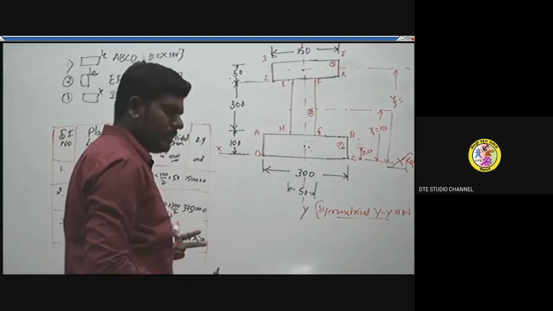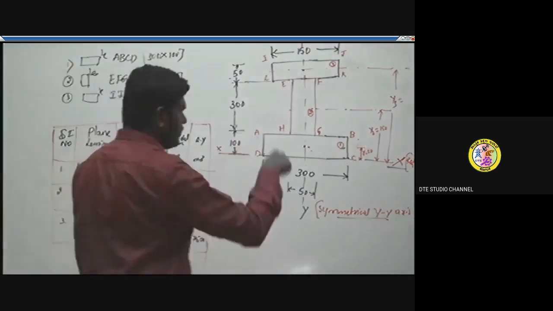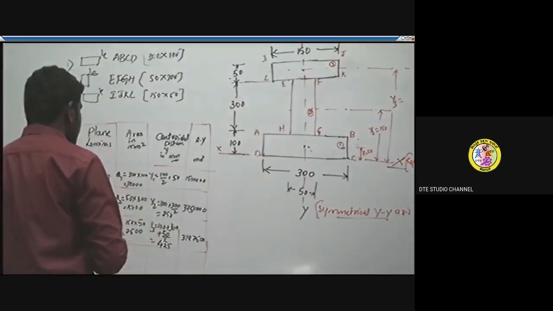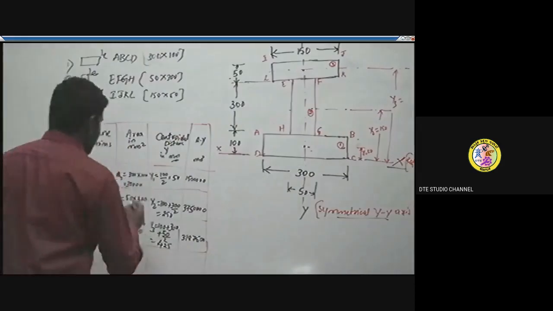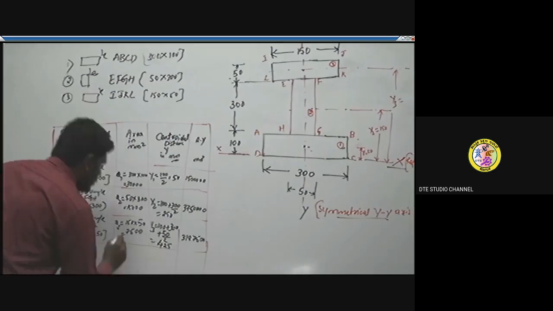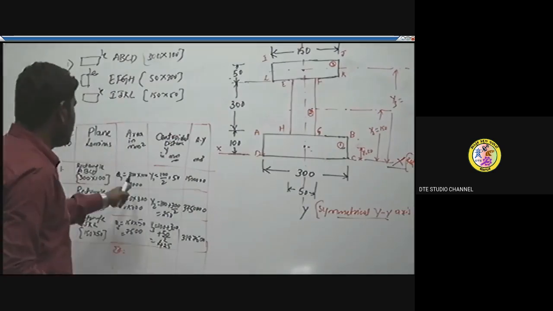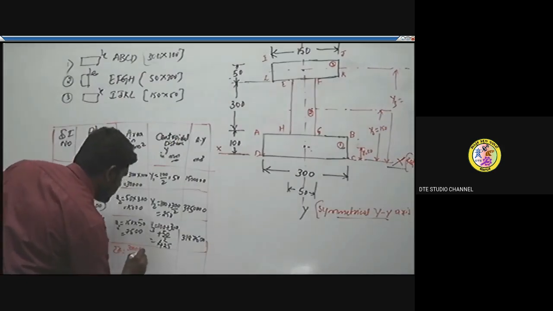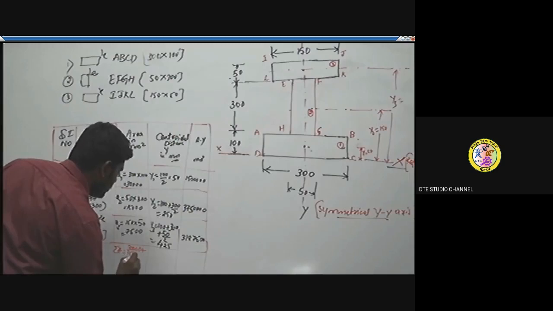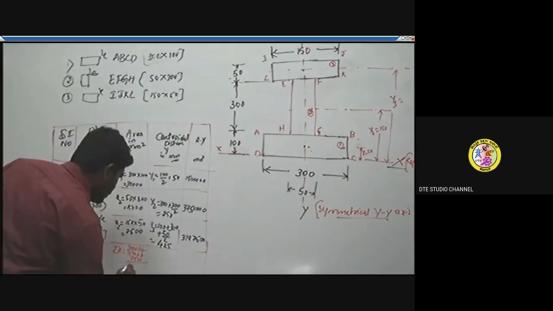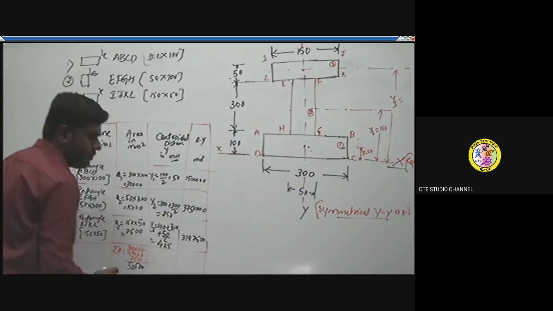So based on this data, we can determine the centroid of this given I section by the method of moments. So first I'm going to take the whole area of the I section, that is summation of area equal to A1 plus A2 plus A3, that is 30,000 plus 15,000 plus 7,500, which gives me the value of 52,500 mm square of area.